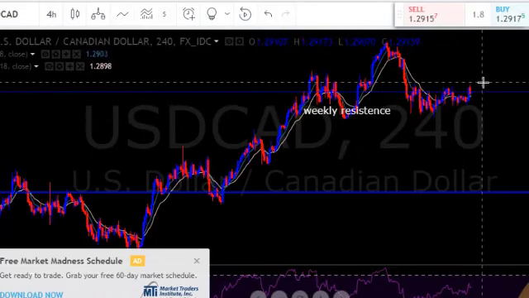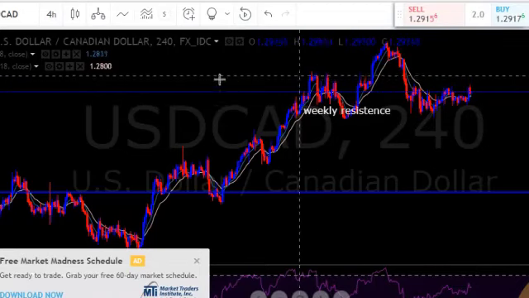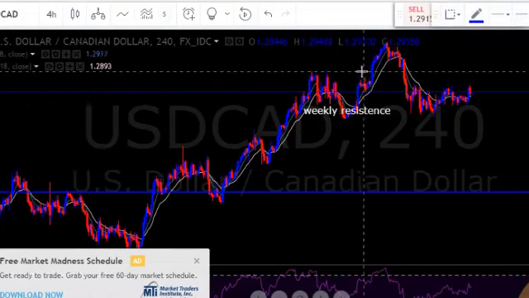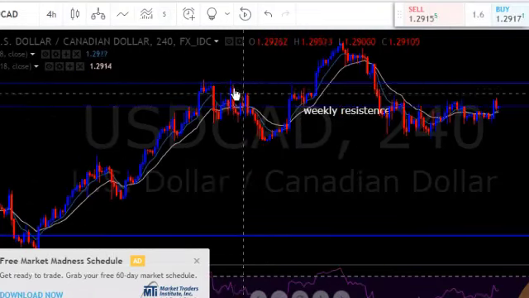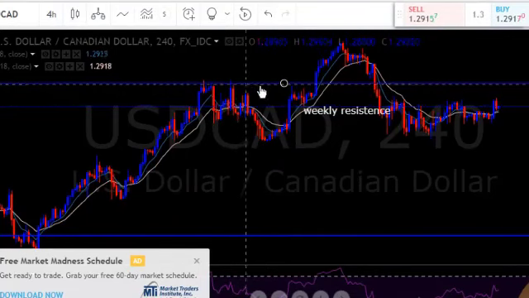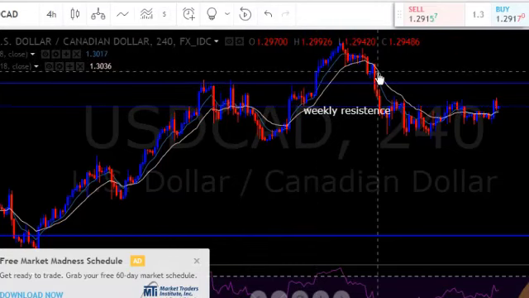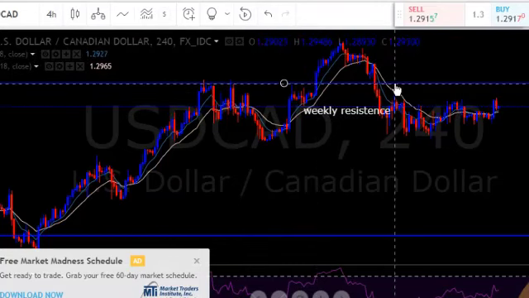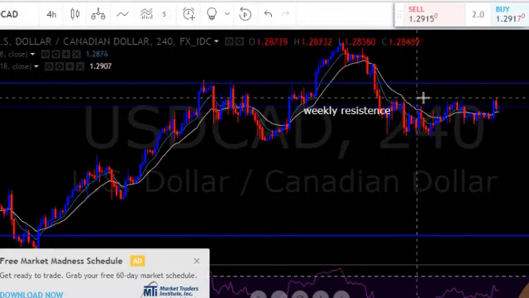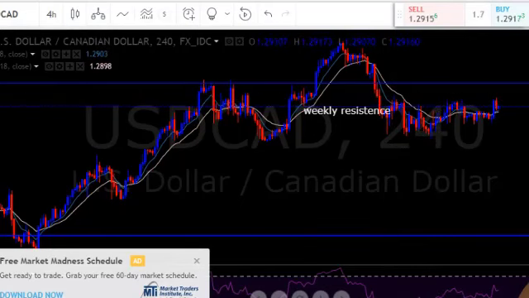If this hits around this area, which means it hits this area right here, let me make a line here. Hopefully I'm not going in too deep for you guys, but I just want to give you an idea. You see how this area here hit this wall of resistance? Now it hit it again, but then it shot through it right here, and it came back down, and it didn't go up to this line again. It stayed right around this area right here, which is another area of resistance.